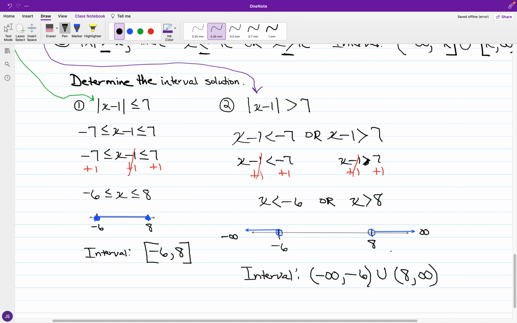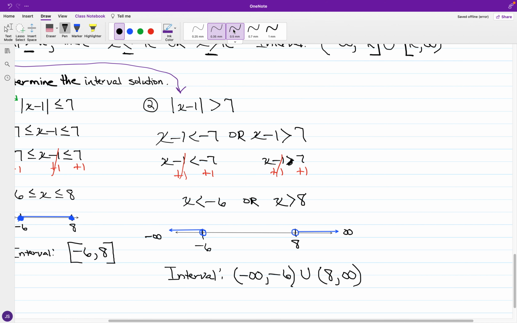All right, and now just some things here concerning absolute value. This is just a reminder for what to do if you're working with negative coefficients.